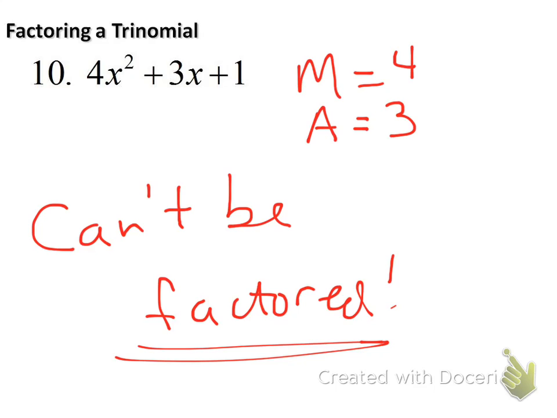Great, yeah, if you can't factor it, just write can't be factored. Not all of these are possible. But I will tell you what, a lot of people would just say 4 and 1 on this one. Make sure you're actually thinking about these. Don't just go with the obvious answer. Double check to make sure it works. Any questions?